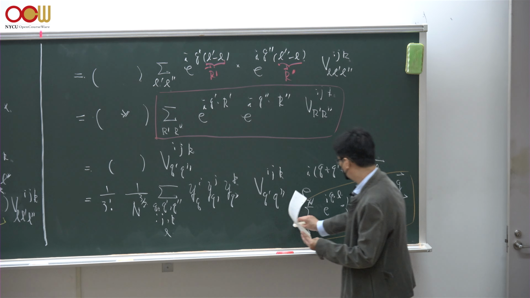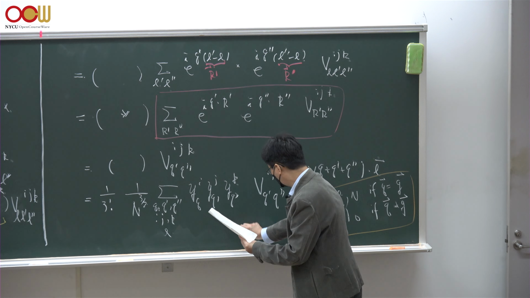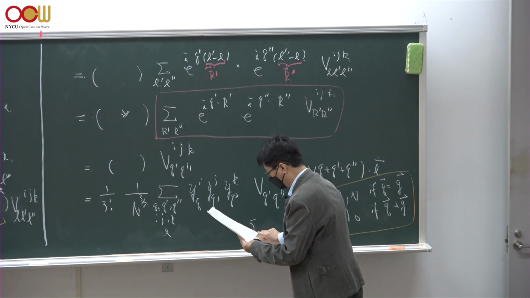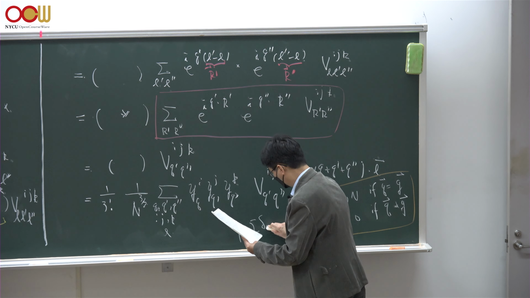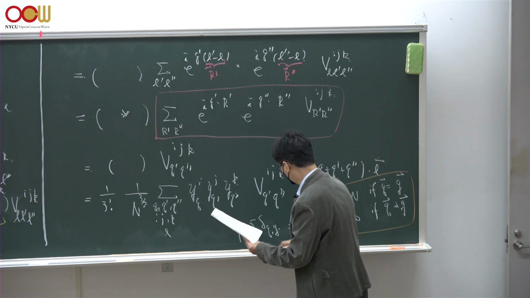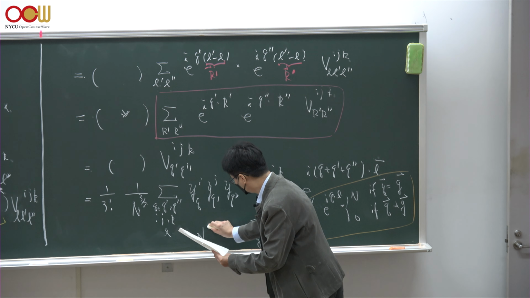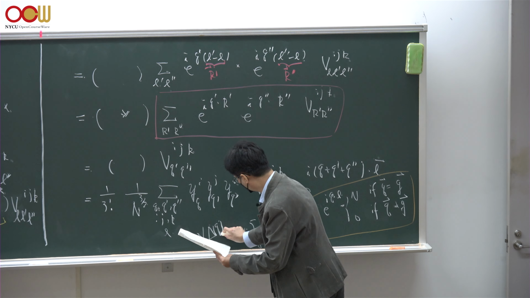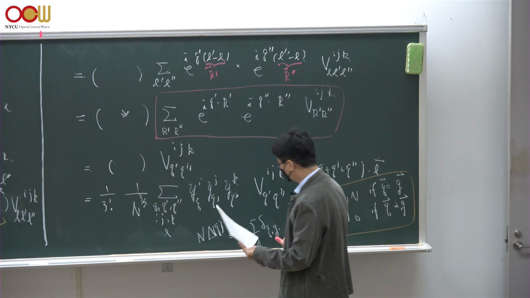So we could call this generalized delta function N times the sum over G of delta G and Q, which is N times delta of Q. And this is called the generalized delta function.